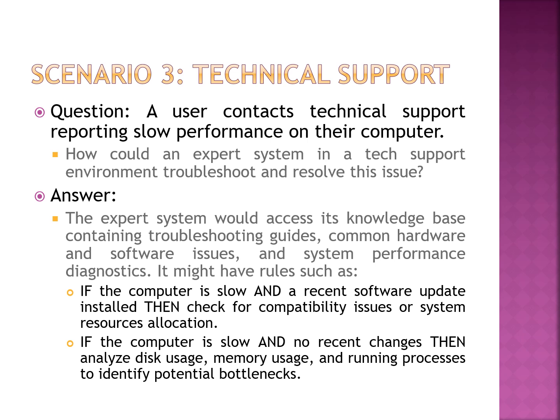And if the computer is slow and there is no recent installation in the system, then the system would analyze disk usage, memory usage, and running processes to identify potential bottlenecks. If this condition is true, it will analyze the disk usage, memory usage, and running processes, and then it identifies the potential bottlenecks that cause the problems in the system.